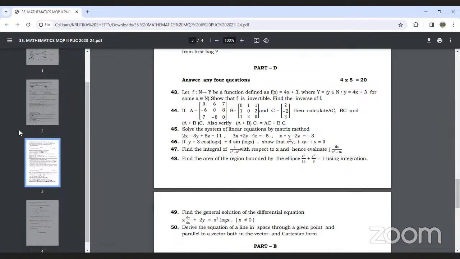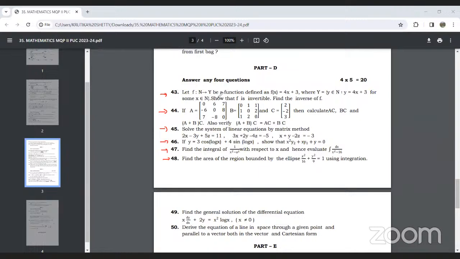If you are good with matrices and determinants, you will cover two questions. This relation and function question is very easy. In the last few classes we have studied this question, and yesterday we discussed it also.